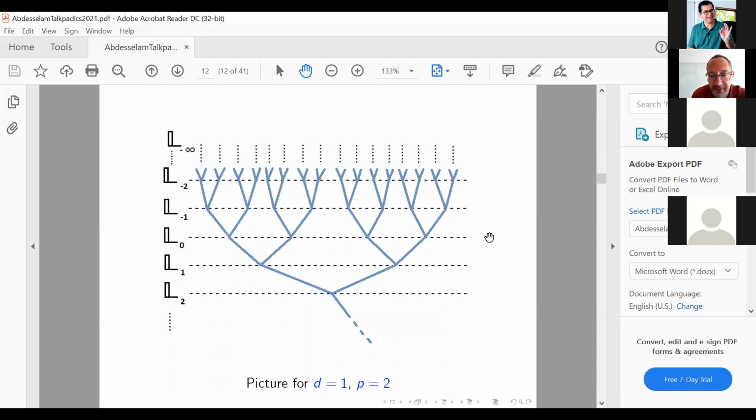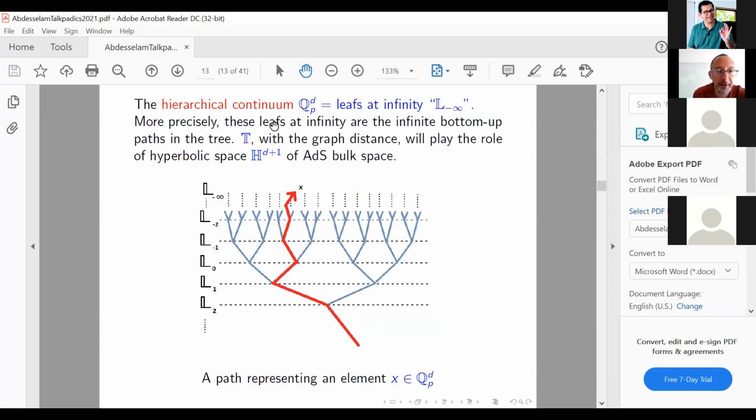At this level, you have all balls of radius 1. Then you have the smaller ones here. This is just to keep in mind the labeling. And of course, Q_p^d is basically the set of leaves at infinity of this tree, which I call the hierarchical continuum.